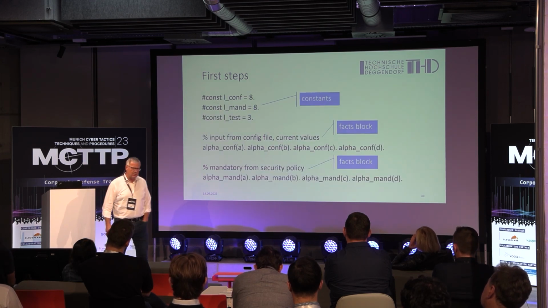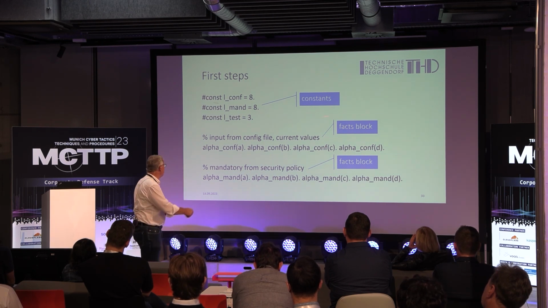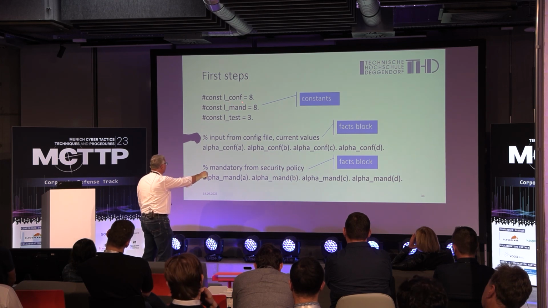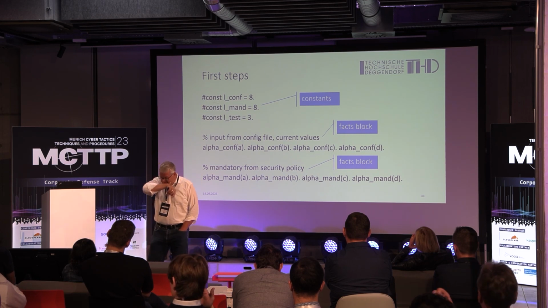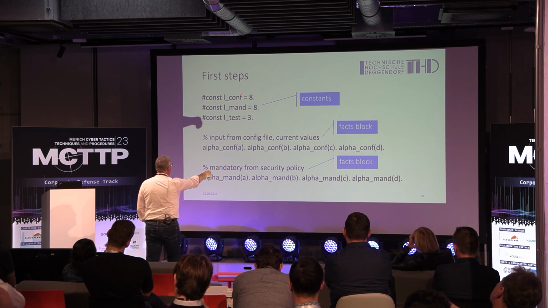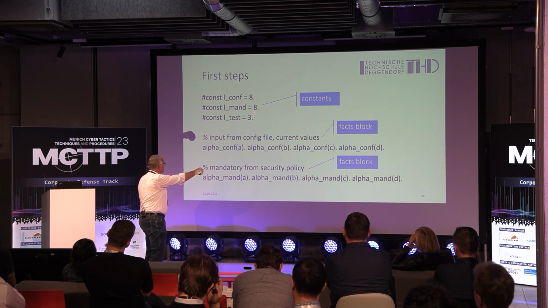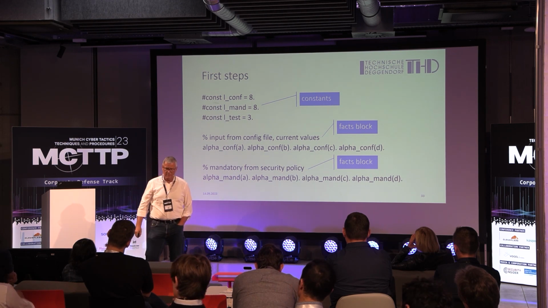So here's a really simple code. You can, for example, define some constants. Here I did it for the constant: the length of the password is, for example, 8 is configured, so I have to get that from the component, its current value. Then the mandatory is 8, for example, and I included also a test one.